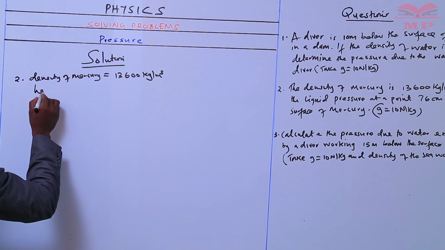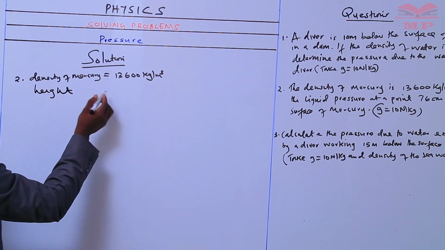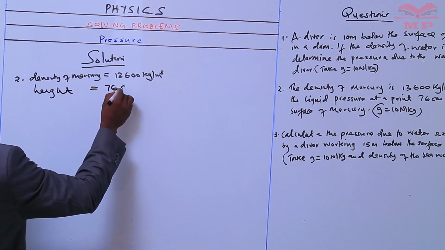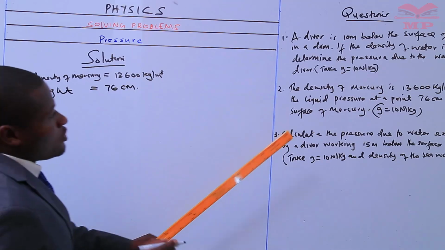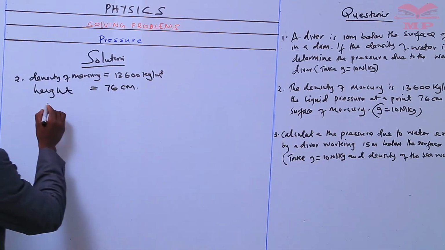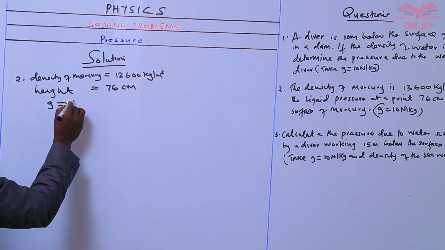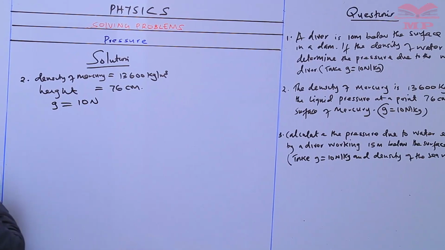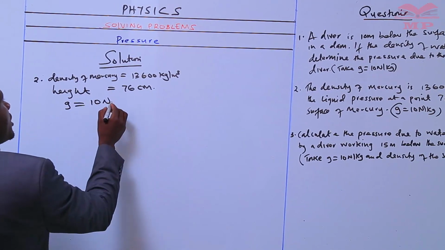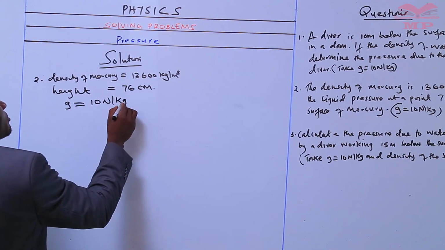Then we are to determine pressure at a point below the surface, so height is given by 76 centimeters. Then we have G, which equals 10 Newton per kilogram.